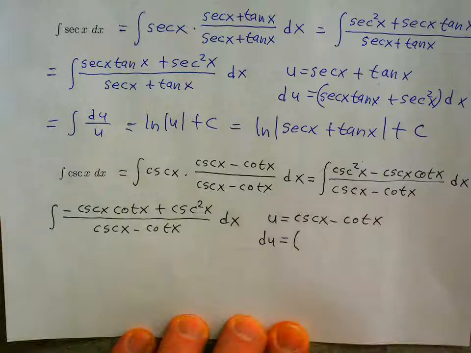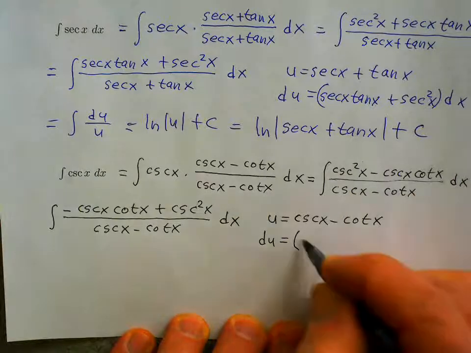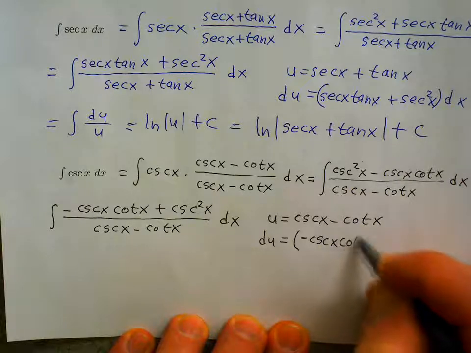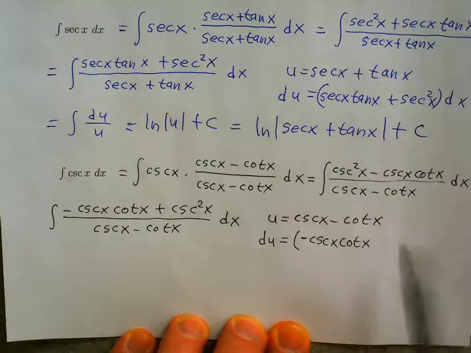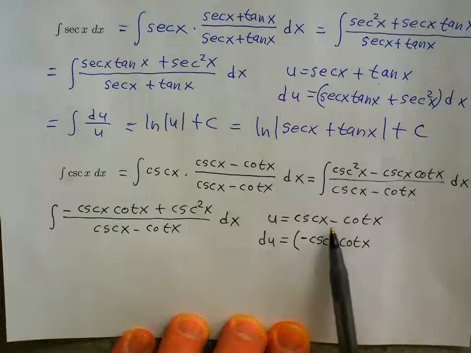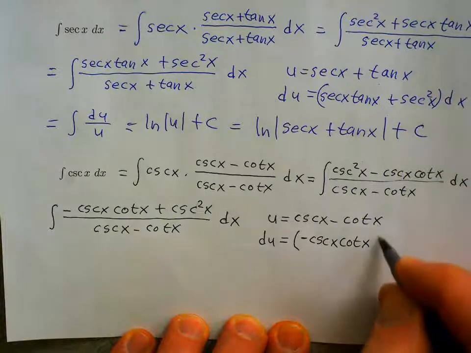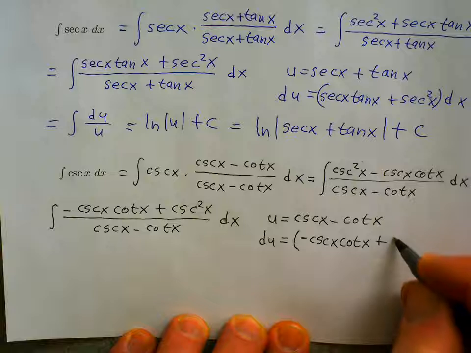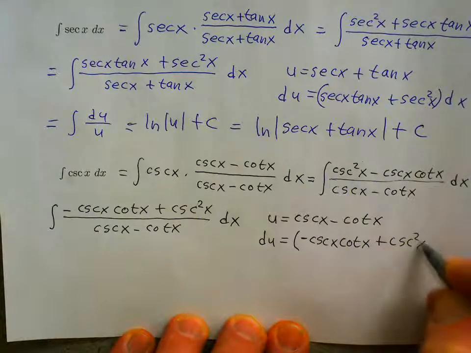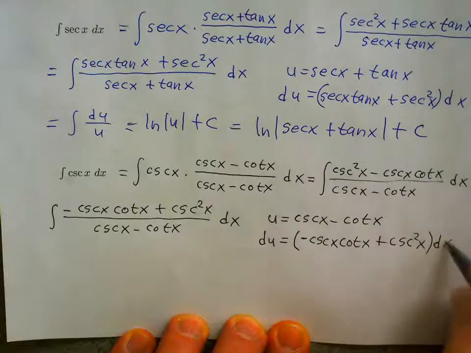The derivative of cosecant of x is negative cosecant of x times cotangent of x. The derivative of cotangent of x is negative cosecant of x squared. So when we subtract a negative, that's equivalent to adding a positive. So we get plus cosecant of x squared and then dx.